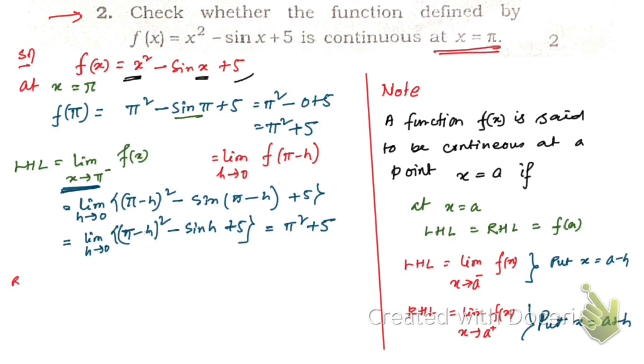So now you see, let's find the right hand limit. So here we are going to put h tends to 0 when we put x equal to a plus h, sorry, pi plus h instead of a. We have pi here, so pi plus h.